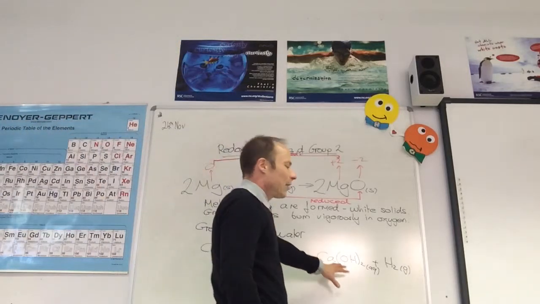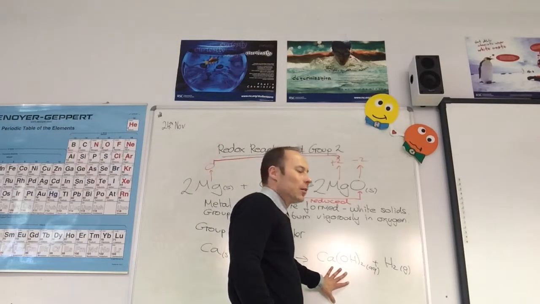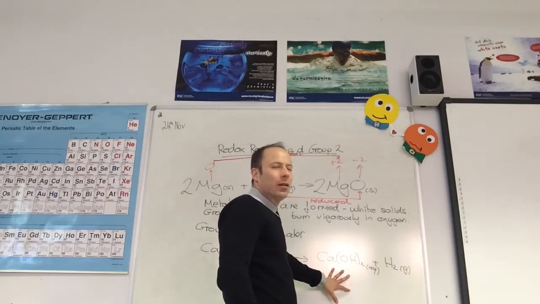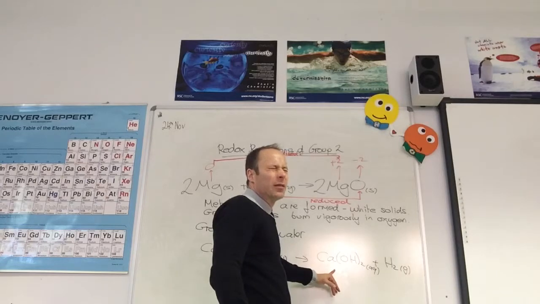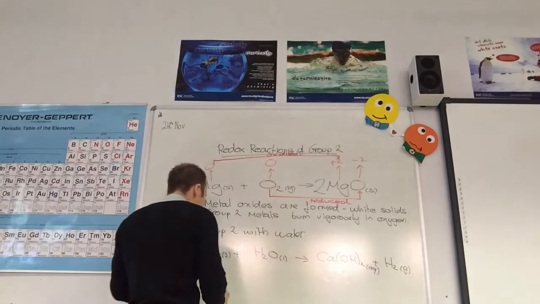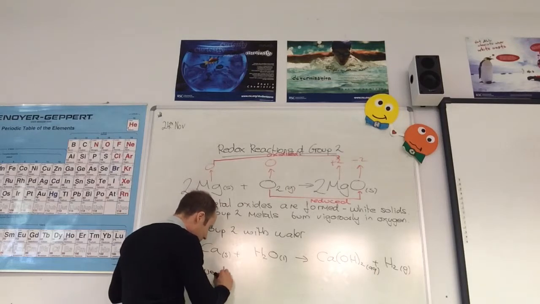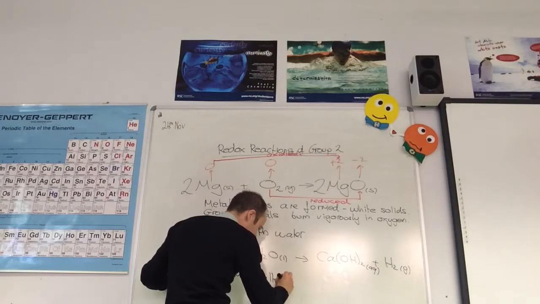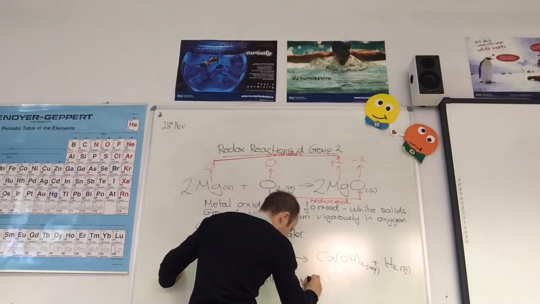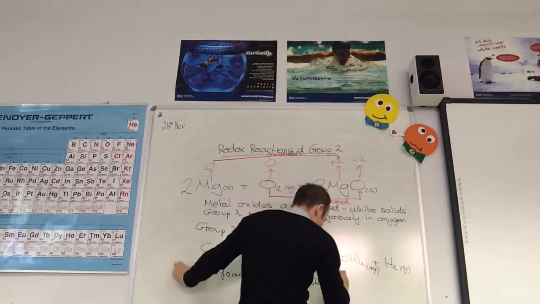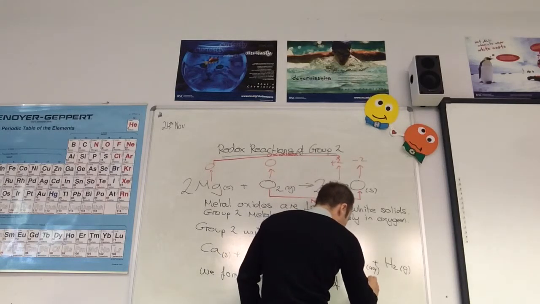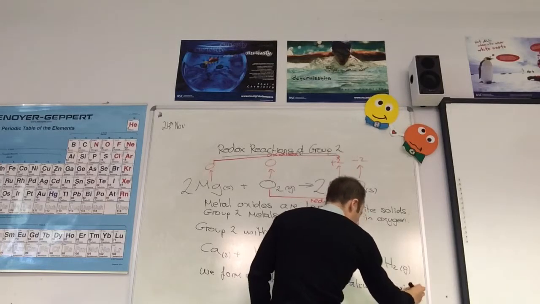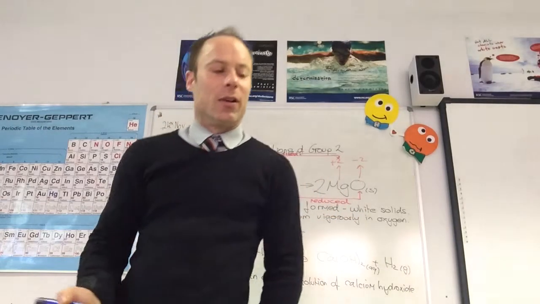What type of chemical will calcium hydroxide be? Will it be an acid or an alkali, do you reckon? A metal hydroxide. Yeah, brilliant. So we form an alkaline solution of calcium hydroxide. It's not a very strong alkali.